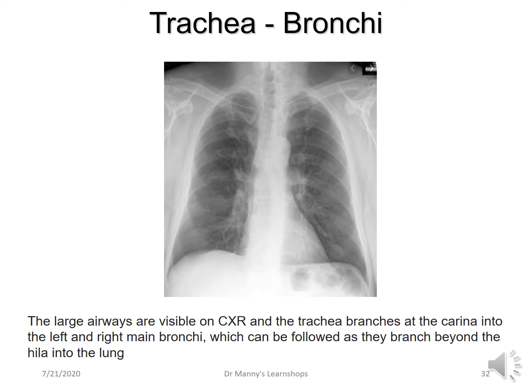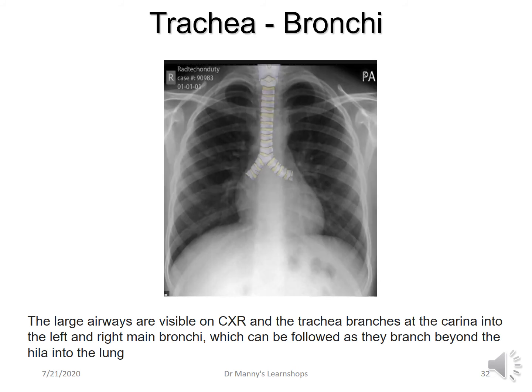Then you've got the trachea and the bronchi, and these are the large airways that are visible on a chest X-ray. The trachea typically branches at the carina into the left and right main bronchi, which can be followed as they branch beyond the hilar into the lungs.